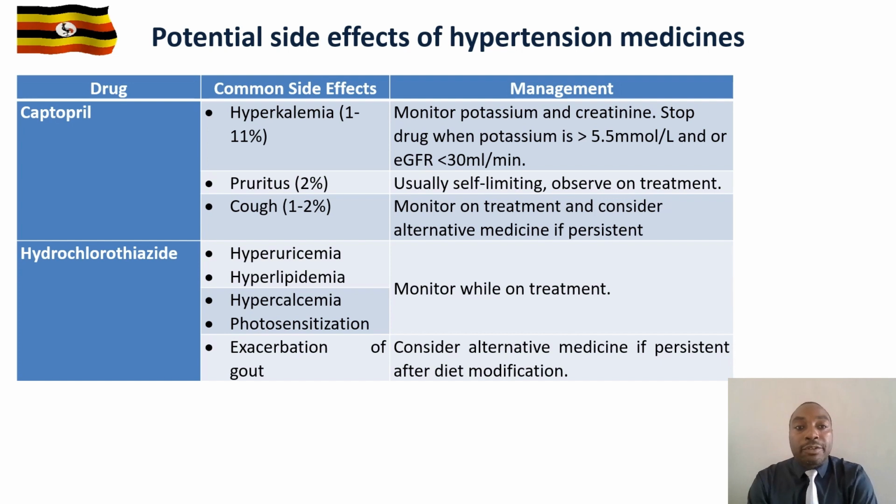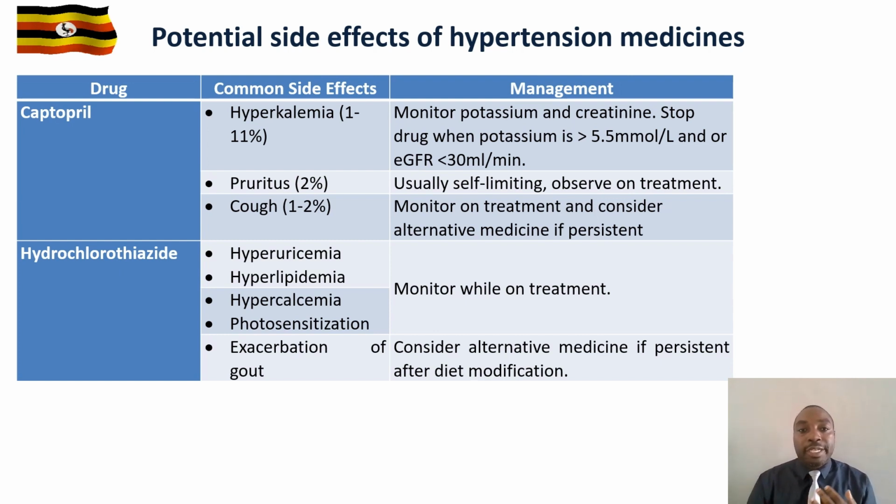And for hydrochlorothiazide, these thiazide diuretics are notorious for causing high uric acid levels, hyperuricemia, high fat levels, hyperlipidemia, high calcium, and photosensitivity, where someone is sensitive to light. We just monitor these levels in blood.